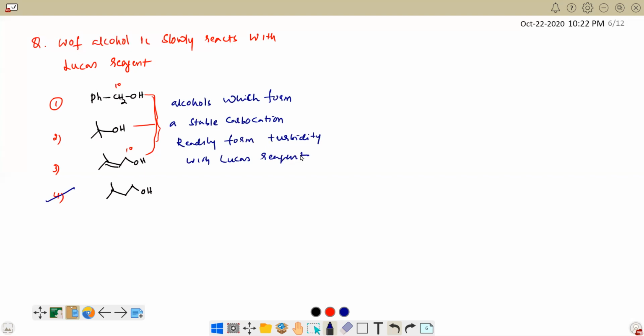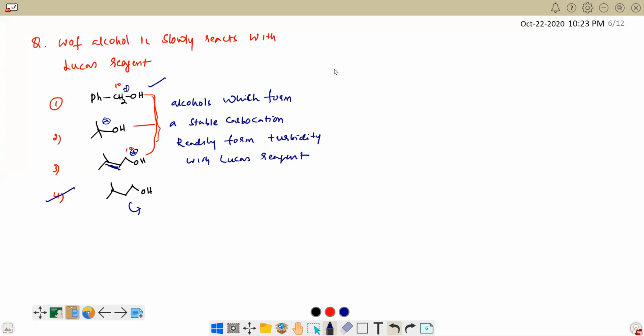Do you understand the concept I am going to explain here? Even though it is a 1 degree alcohol, we are expecting that this reaction should be slow. But because of this benzyl carbocation, it is stable, like an allylic carbocation. For the double bond also, it's the same explanation: the allyl carbocation is formed after removal of OH.